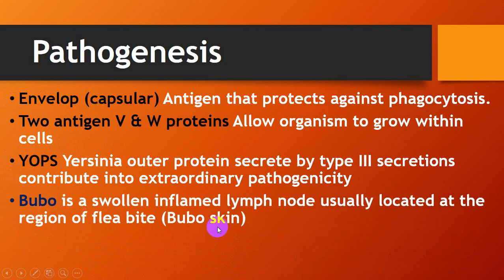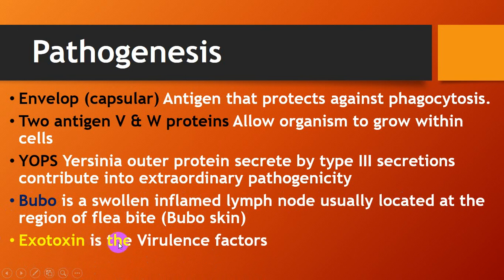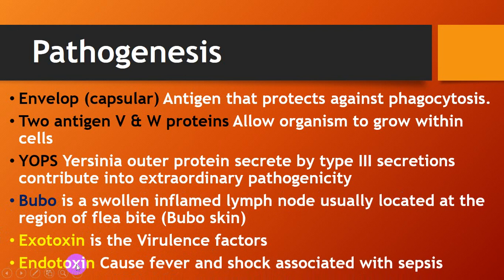What is bubo? Bubo is the swollen inflamed lymph nodes which occur after the flea bite. In the region where the flea bite occurs, a swollen inflamed node is formed, so it is called a bubo. Next, exotoxin is also present, which is a virulence factor of this bacteria, and endotoxin is also involved, which is a common characteristic of the family Enterobacteriaceae.